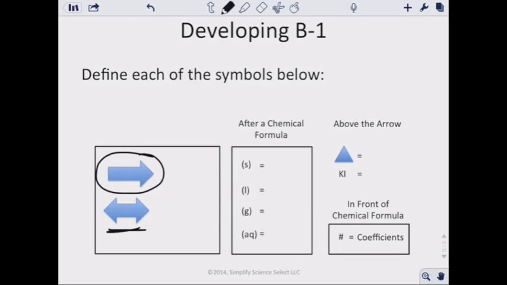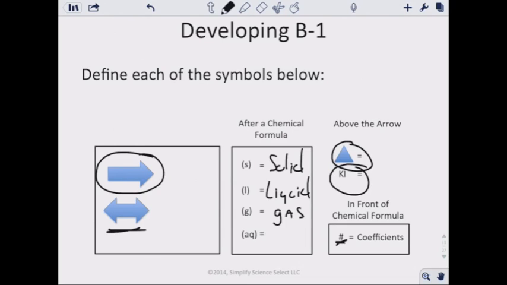We see that this is solid, then liquid, gas, and the last one's aqueous, which means dissolved in water. The triangle means heat is added. If we have a symbol above the arrow, we know that it's a catalyst. And then the numbers in front are coefficients, and they represent the number of moles.